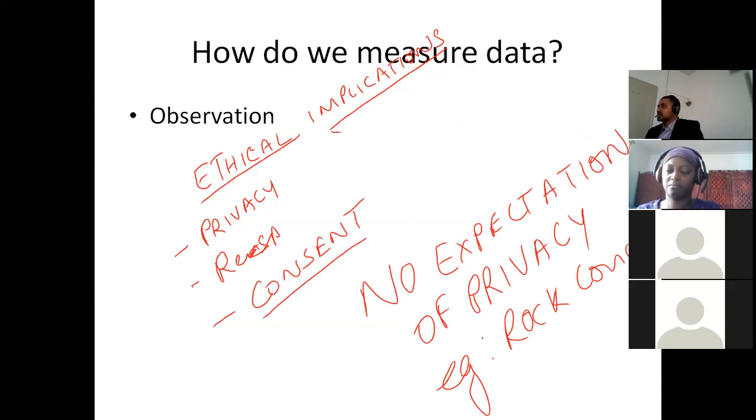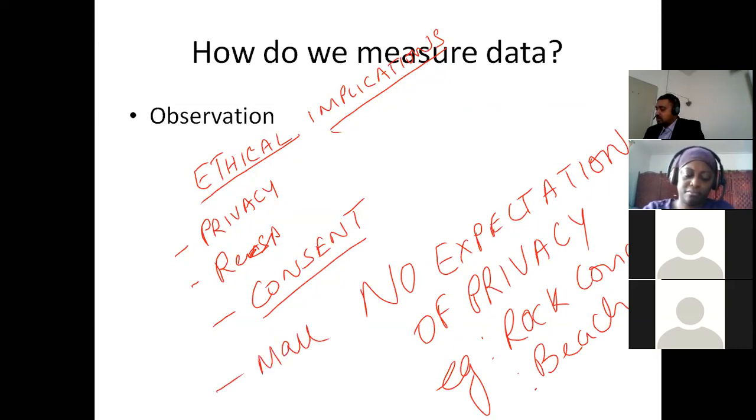There is no expectation of privacy. Observation at the beach. Observation at the mall. There is no expectation of privacy. In such situations, you do not need ethical approval from a research governing body at your university or a larger institution, simply because there is no expectation of privacy in those situations.